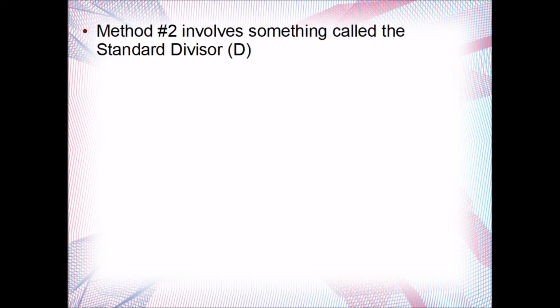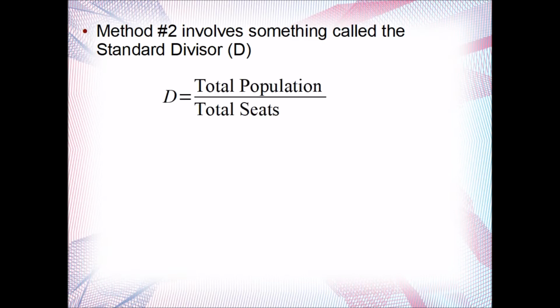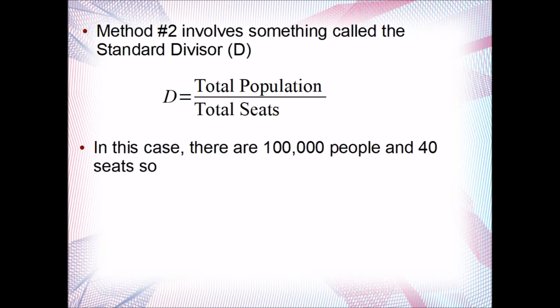Method number 2 involves something called the standard divisor, which is standardly abbreviated with capital D. The standard divisor is simply the total population divided by the total seats. In this case, there are 100,000 people and 40 seats, so I take 100,000 divided by 40, which is 2,500, and that's my standard divisor.